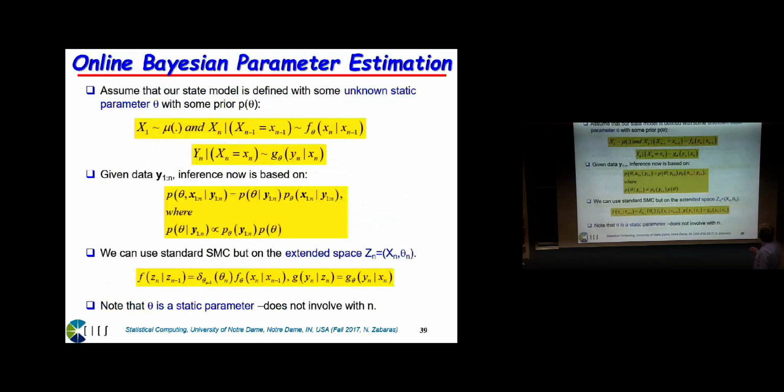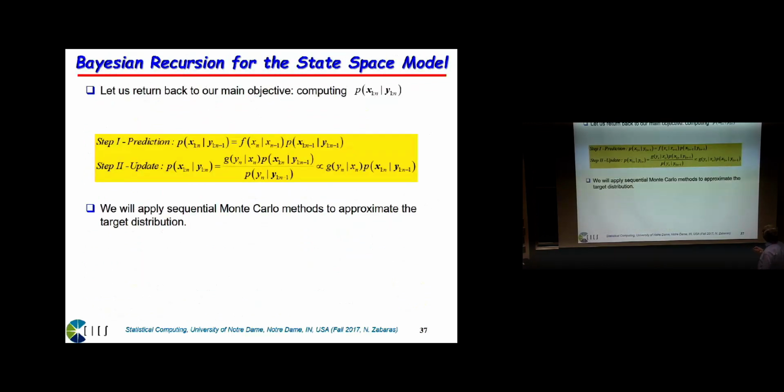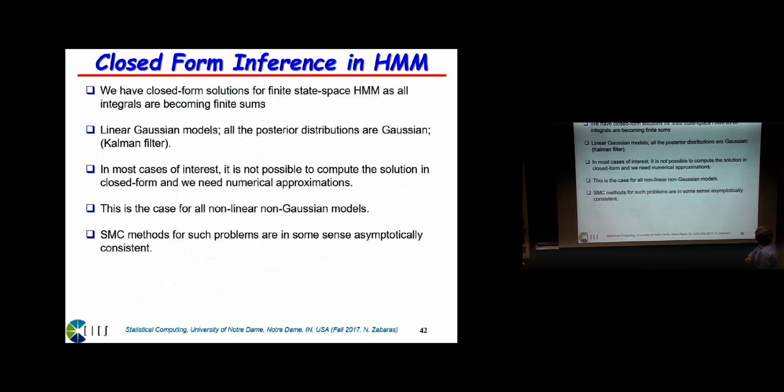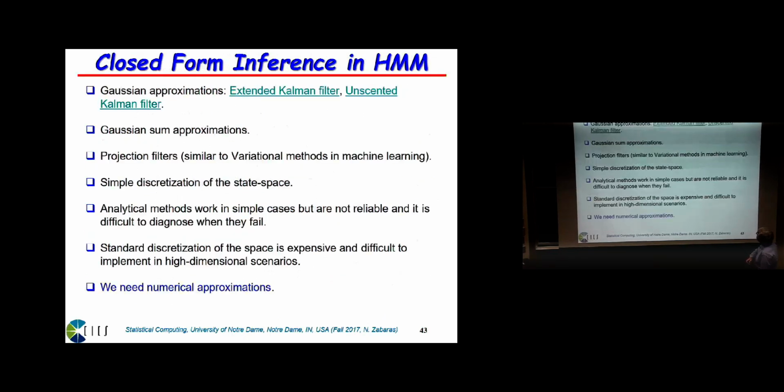You can appreciate, if I go back to these equations, that if all of these distributions f and g are Gaussian, when you do all of these updates, products of Gaussians are Gaussians, marginalization of Gaussians is Gaussian, so everything comes out Gaussian. The Kalman filter writes these equations in a beautiful, nice form, which we're not going to do because we have no time.